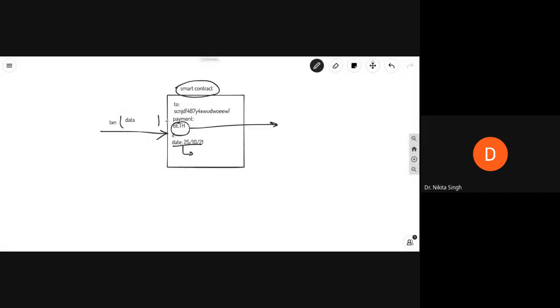So here we have a smart contract. This here is the Ethereum public address to which we want to make the payment. And the payment is, say, 6 ether. And the condition is make the payment if the date is 25th.